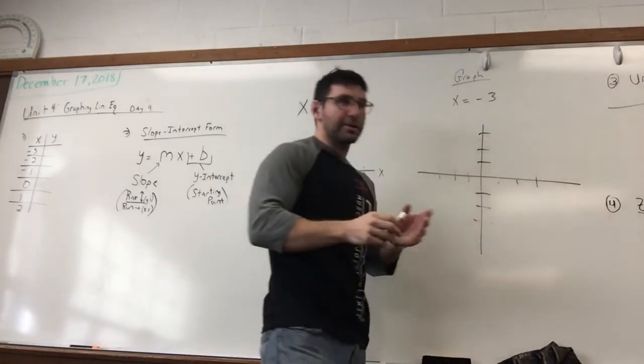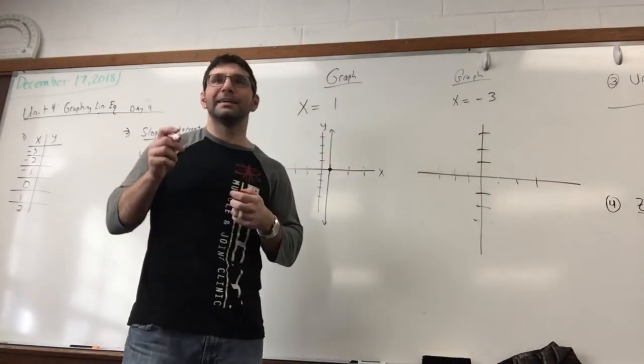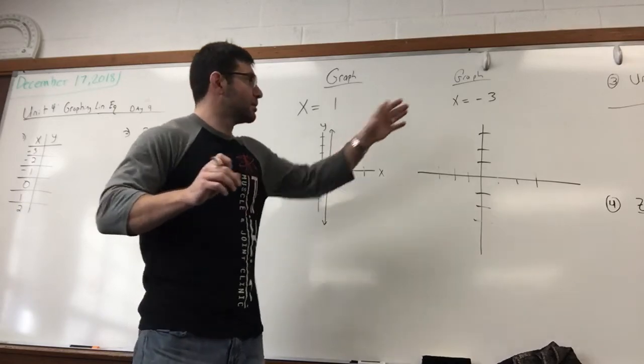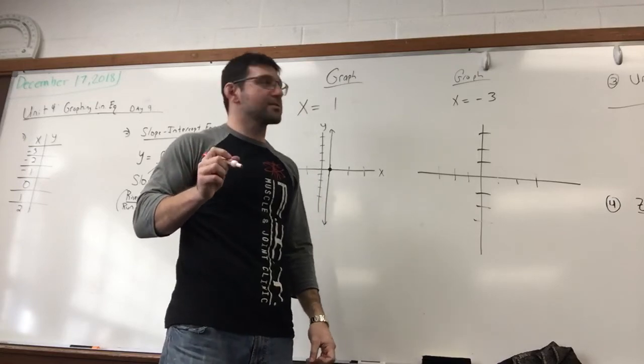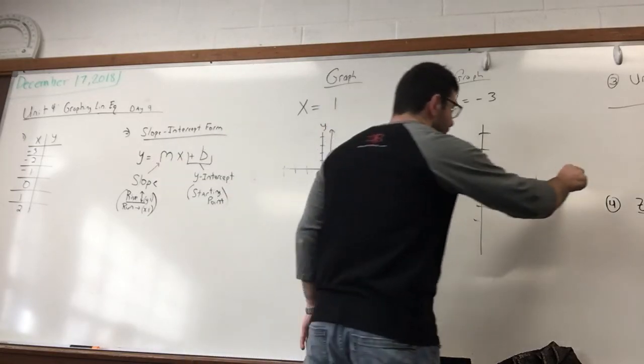So again, the first thing you're going to ask yourself is, is there any y in the graph? There is no y value, therefore it is not crossing the y-axis. It's telling me x is -3.